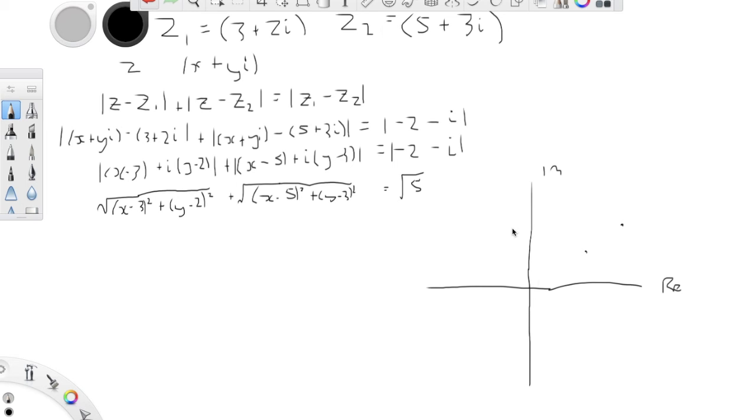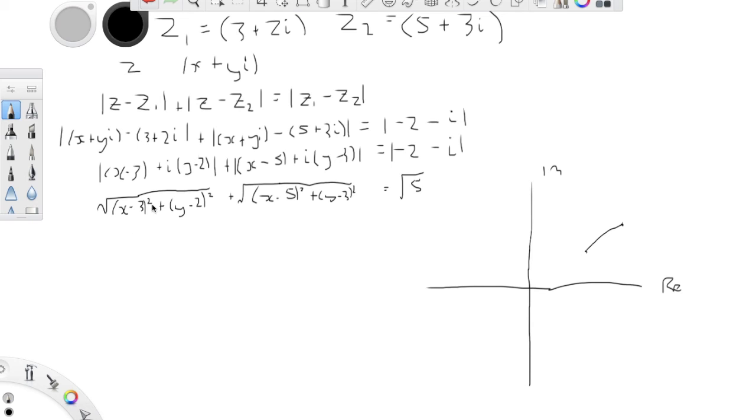Now, we can check what points will work in this and which ones won't. What we can do first is prove why this equation looks like this. The distance between z and z1, so z is somewhere at a distance from z1, plus the distance between z and z2, is equal to the distance between them. This just basically means z is any point on this line here, and that's our locus. How can we prove that? Well, let's take a point on this locus, one of our points, z1. We'll take 3 plus 2i and sub it into both.